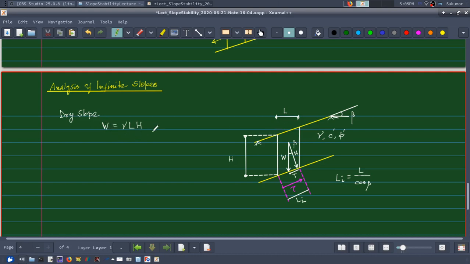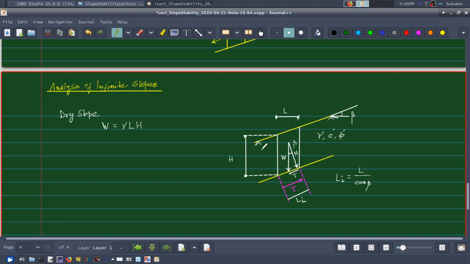So gamma L h is my W. The soil has a unit weight of gamma, a cohesion of c dash, and an angle of shearing resistance of phi dash. Now when this weight W acts vertically, it can be resolved into two components. One is perpendicular to the plane of failure, and the other is along the plane of failure.